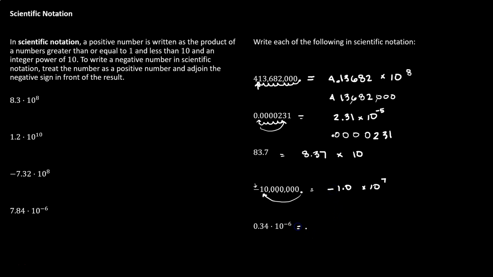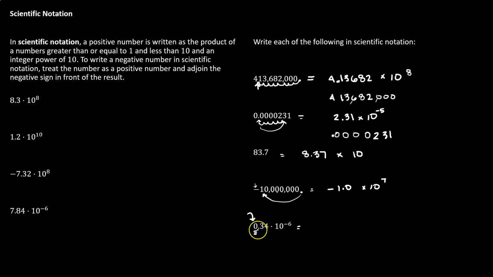We have one last one, and it's tricky because at first glance you might think that's already in scientific notation, but nope, it's not, because the 0 cannot be in the ones place. And I feel like maybe I misspoke a moment ago. The ones place digit has to be greater than 1. So we can't have any digit here that is 0 or smaller.